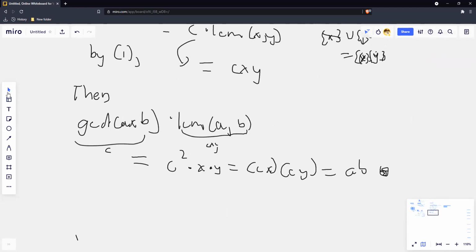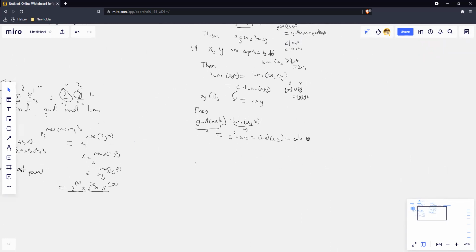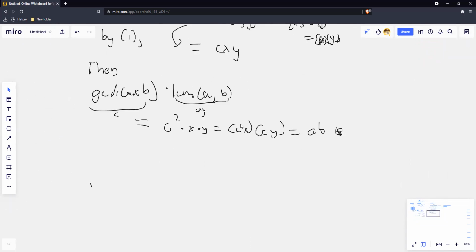C times C is C squared. We put one C with X, the other C with Y, so we get CX times CY. And by our definitions, A is equal to CX and B is equal to CY. So this becomes A times B. That's basically the proof: GCD(A, B) times LCM(A, B) is equal to A times B.